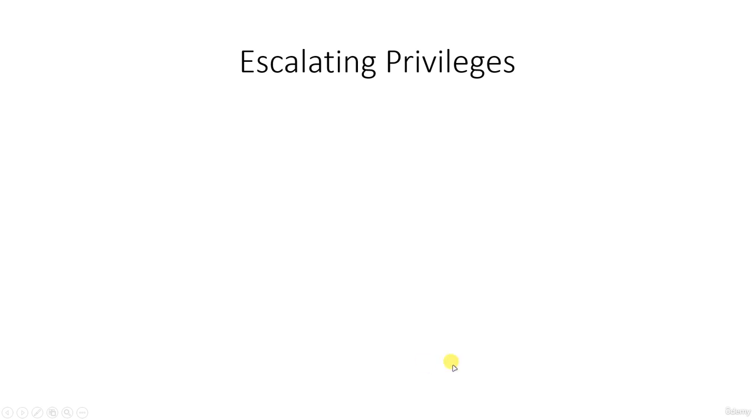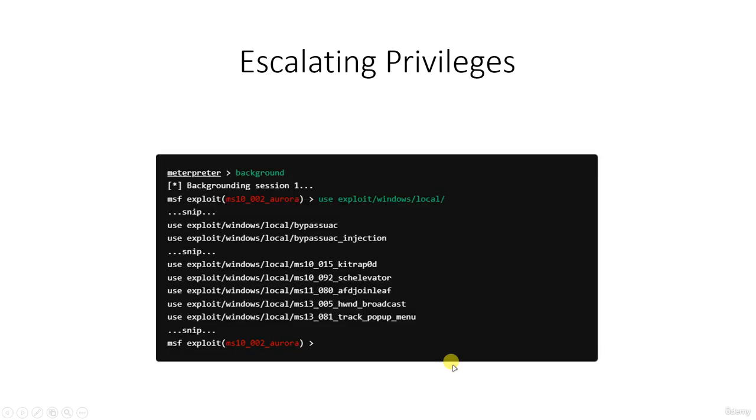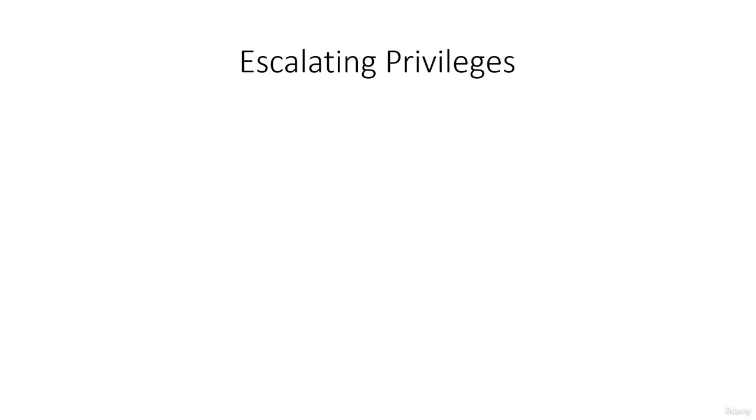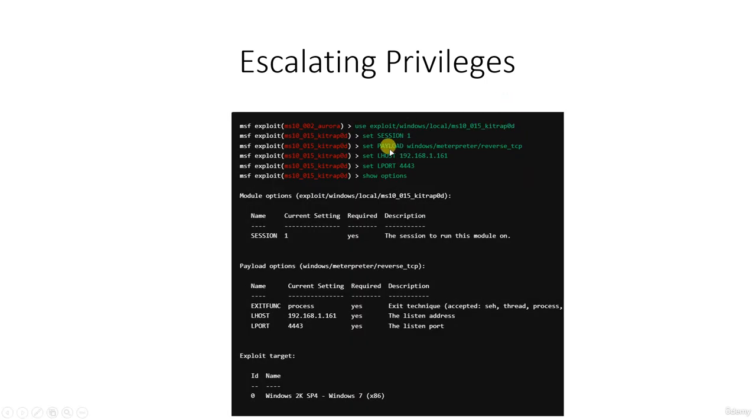Then we need to set our payload as windows/meterpreter/reverse_tcp, which we previously used a lot. Then we need to set our LHOST as our machine IP address, which is this one, and also manually set our LPORT, which is 4443.